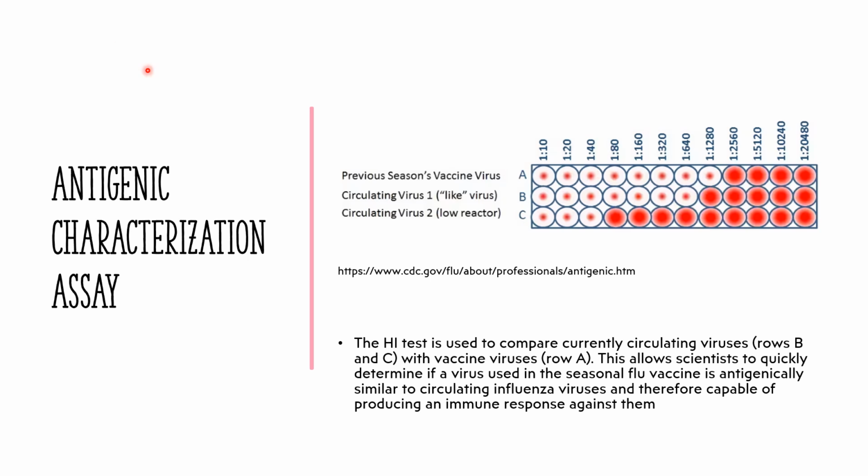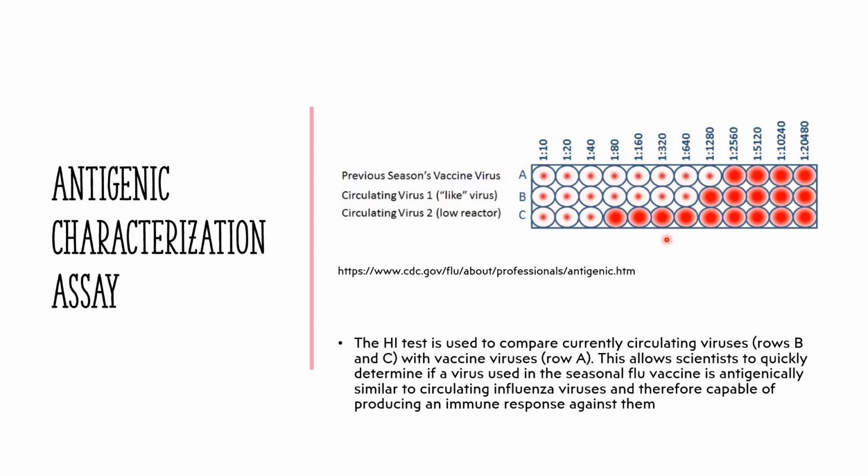Antigenic characterization assay. In this example, the hemagglutination inhibition test is used to compare currently circulating viruses, rows B and C, with the vaccine virus, row A. This allows scientists to quickly determine if a virus used in the seasonal flu vaccine is antigenically similar to circulating influenza viruses and therefore capable of producing an immune response against them.